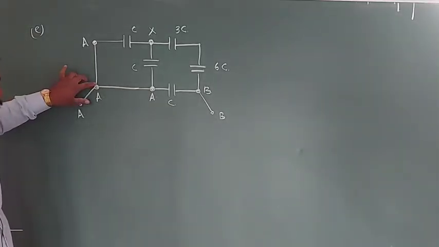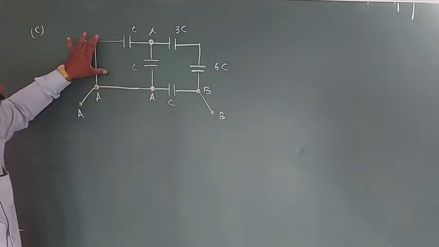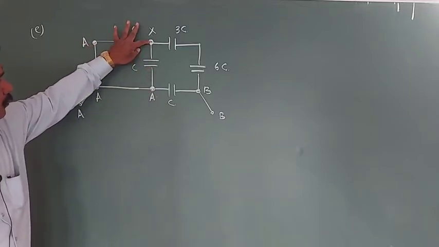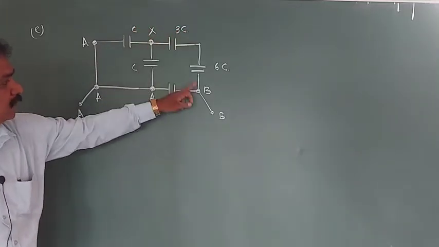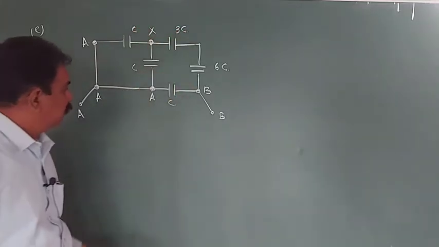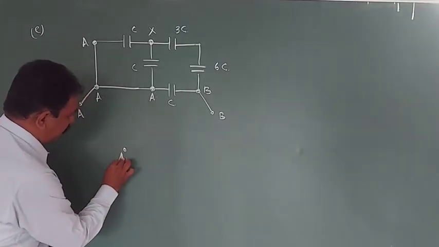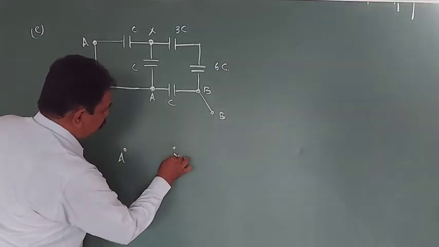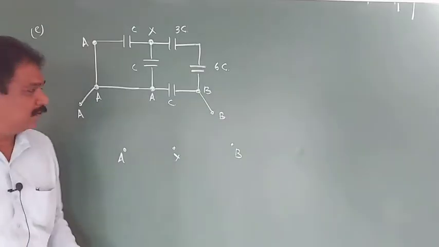Just wire, so A; just wire, so A; wire, so A; and here the point will be different. Here no need for this because directly we can write this one. So if you redraw the circuit, here A is there, here X is there, here B is there.